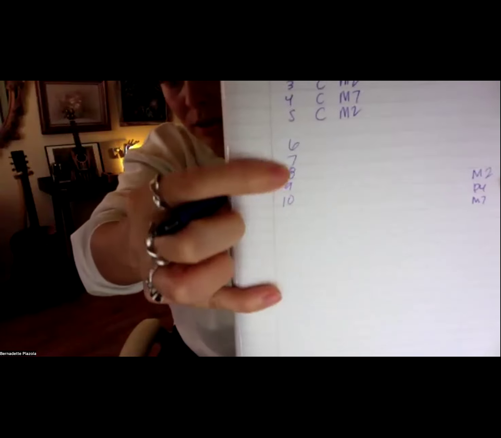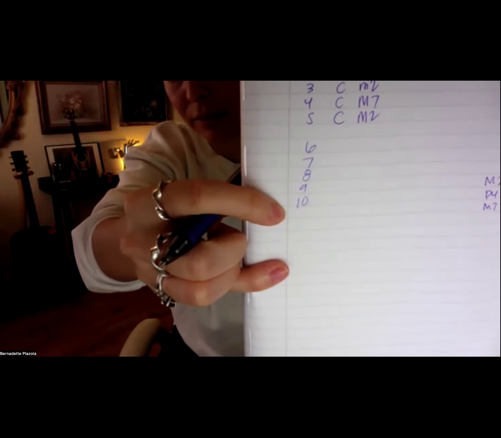And this is the beginning of hearing chords. And speaking of chords, let me play 2 chords for you and you tell me what you hear. Let's do 5 more quiz questions. So write down 6 through 10. 6, 7, 8, 9, and 10.